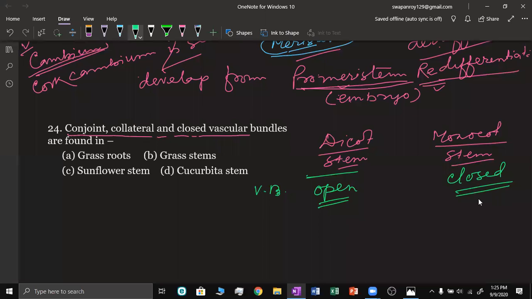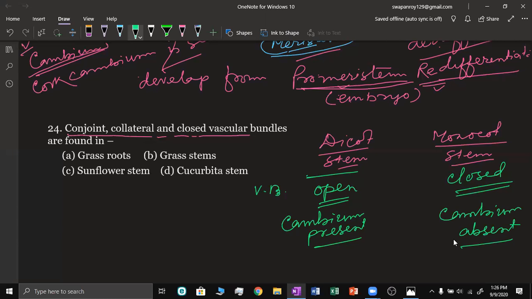Open and closed: within the vascular bundle there is cambium. Cambium present, that's why it is called the open vascular bundle, and here the cambium is absent.